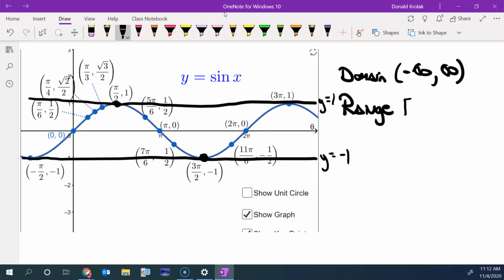So we write bracket, and you work from the lower to the upper, -1 to 1. That's the range of a sine curve. It's just the highest and the lowest values, that's all.